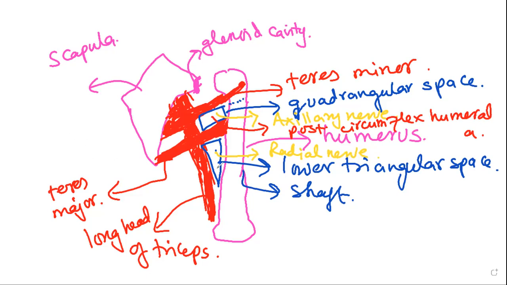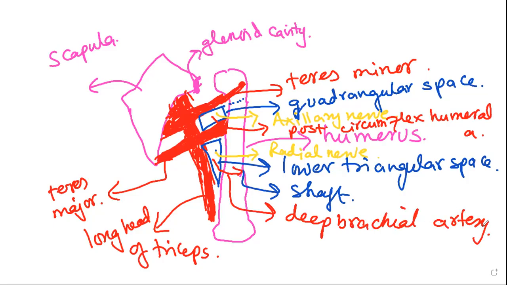Second, an artery is present. What is the name of that artery? Deep brachial artery. Okay, which artery? Deep brachial artery. Now this upper triangular space, this one. This is your upper triangular space.